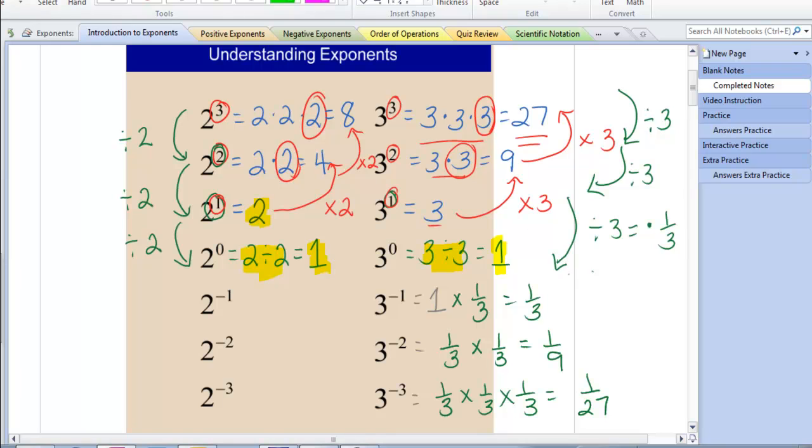So what we're really doing here is multiplying by 1/3, which is the same as dividing by 3, every time our exponent decreases by 1.